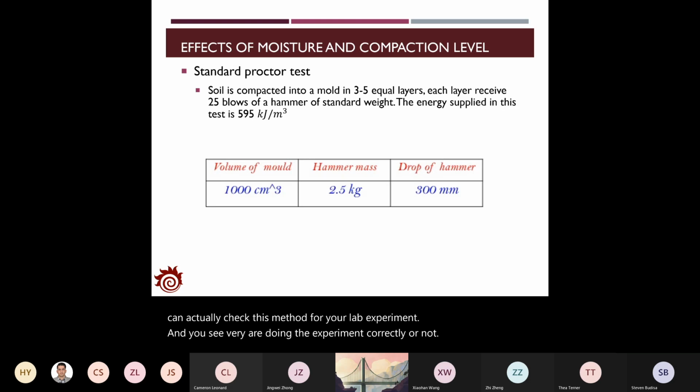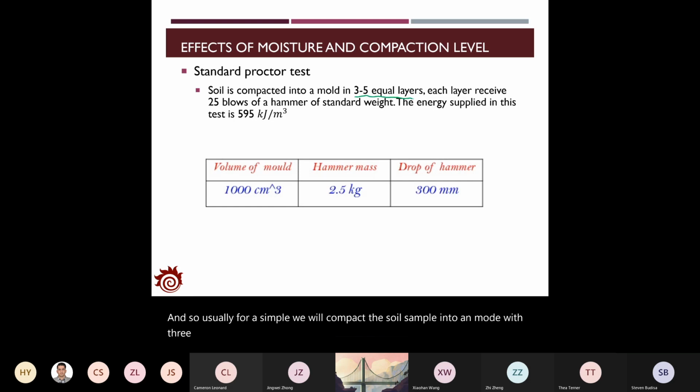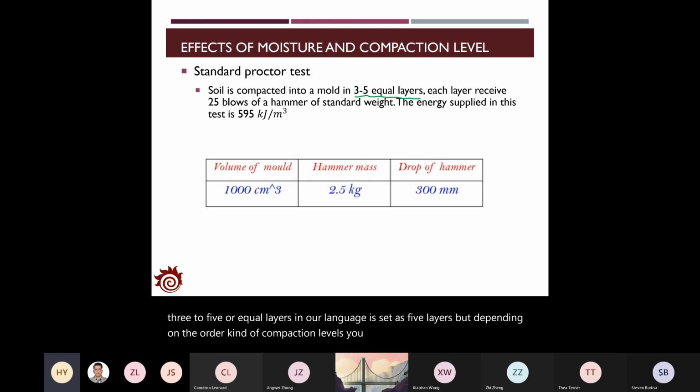Usually for a sample, we will compact the soil into a mold in 3 to 5 equal layers. In our lab, it's set as 5 layers, but it depends on what kind of compaction level you conduct. So what I suggest for the analysis of your lab report is to please consider your compaction effort when you are preparing the sample.